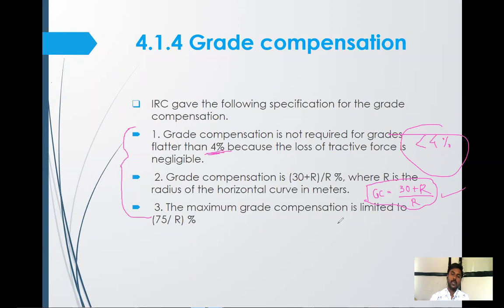And the maximum grade compensation is limited to 75 divided by R.